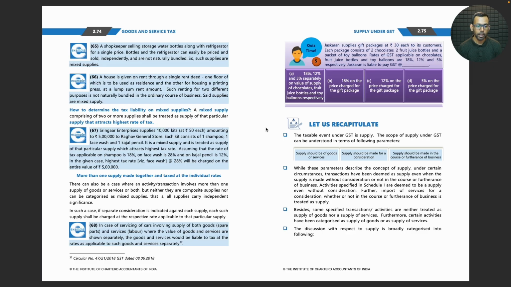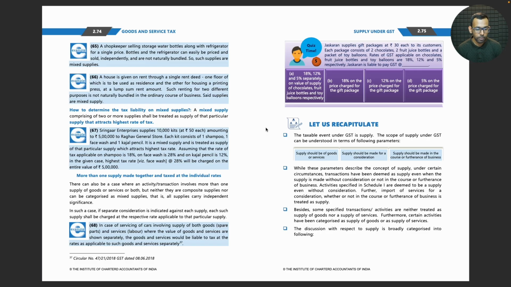Shringar Enterprises supplies 10,000 kits at 50 rupees each, amounting to rupees 5 lakh to Raghav General Store. Each kit consists of one shampoo, one face wash, one kajal pencil. It is a mixed supply and is treated as supply of that particular supply which attracts highest rate of tax.